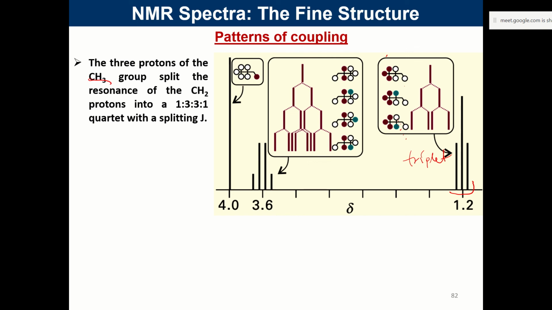So initially first splitting 2, then because of the interaction with this, each of these split lines is further split into 2, each of them, because of this. So X1, X2, X2, second X. So this is how we can consider, and you are getting a triplet.